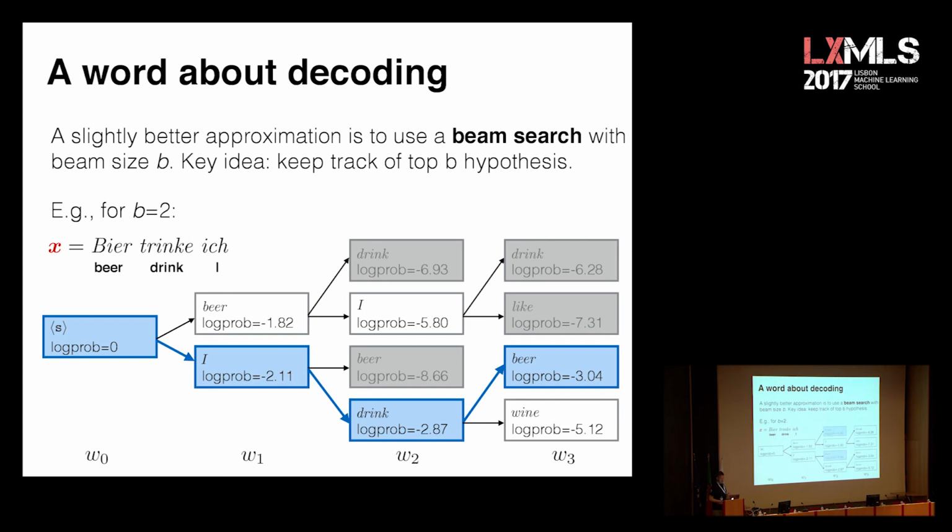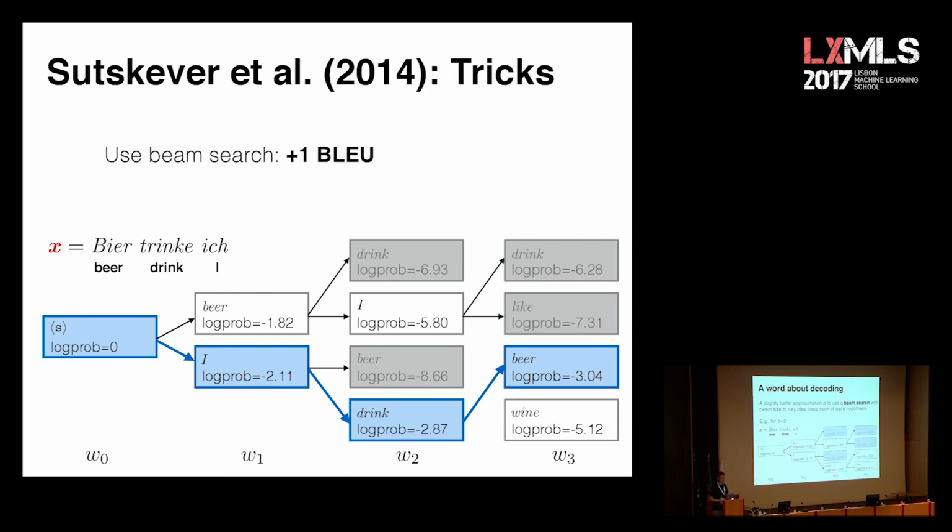Eventually we're going to get to the end of the sentence, and there are some obvious termination criteria. We find the thing with the best log probability, and then we either trace back or we just store the full hypothesis in each of these partial hypothesis cells.